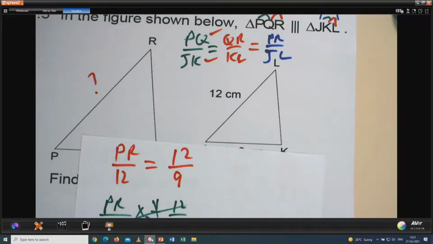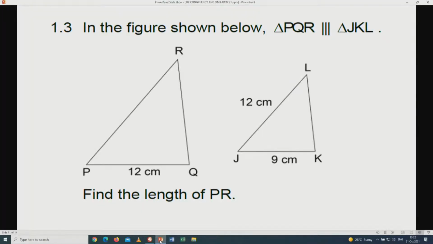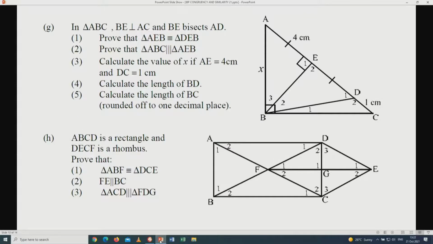So it's important to know the proportionality and the equiangular. Let's see the other question that we can do, and then next time we will start again with similarity.